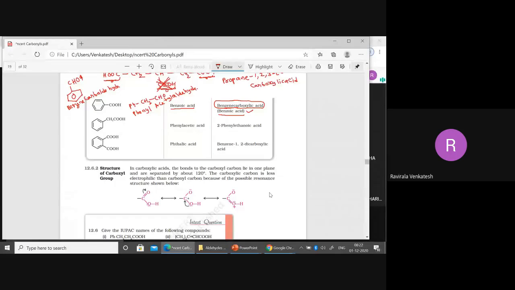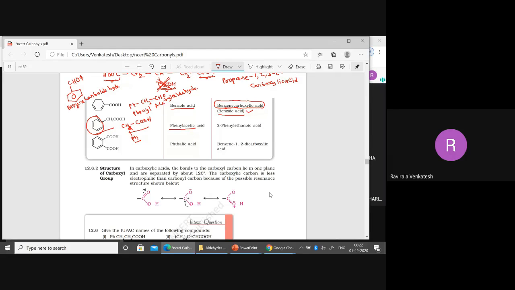Now this one is called what? Phenyl acetic acid, because it is having a phenyl group, right? Generally CH3COOH is called what? Acetic acid. So instead of calling it acetic acid, why are you calling it phenyl? Because one of the hydrogens is replaced with a phenyl group.